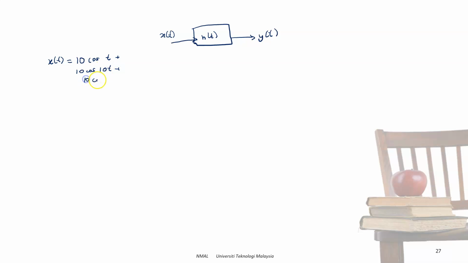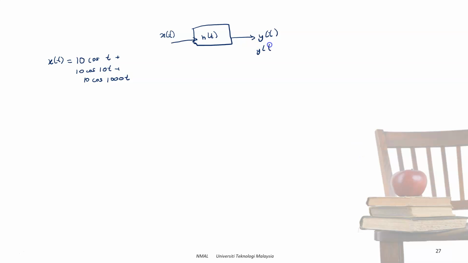Let me draw it again for you. We have a linear time invariant system, with h(t) as the impulse response, x(t) as the input, and y(t) as the output. x(t) is equal to 10 cos t plus 10 cos 10t plus 10 cos 1000t.